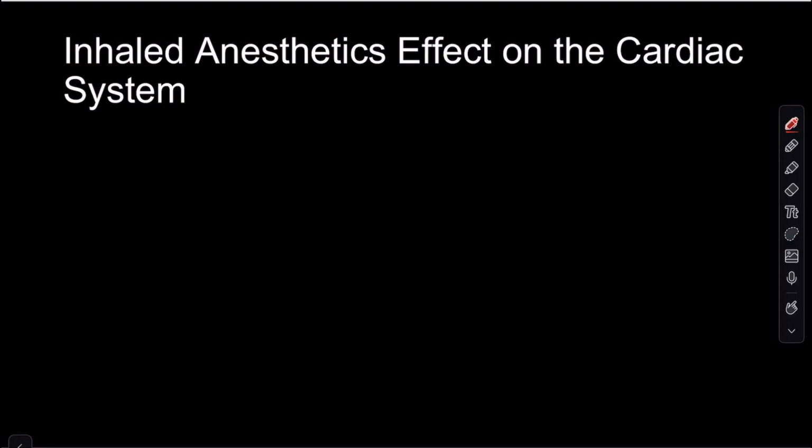So inhaled anesthetics have a common effect on the cardiac system. The largest overall effect that you'll see from inhaled anesthetics is going to be a decrease in blood pressure. Blood pressure is composed of cardiac output times systemic vascular resistance, so inhaled anesthetics are going to affect both of these components.